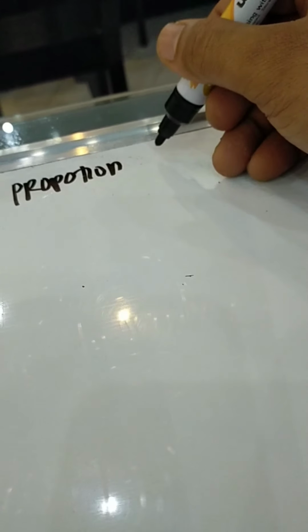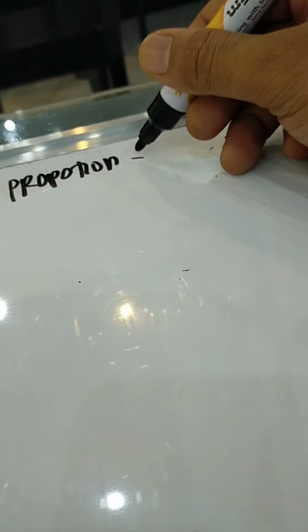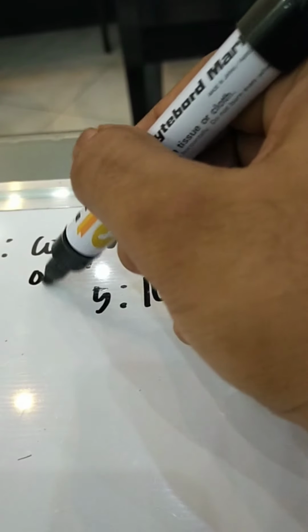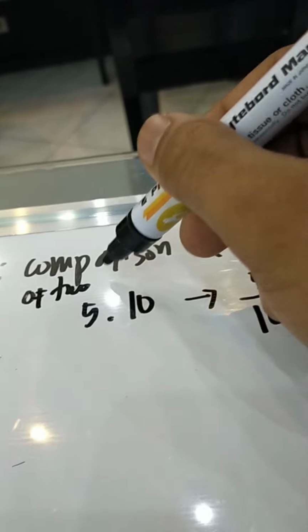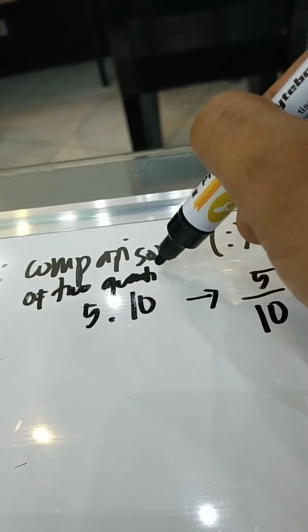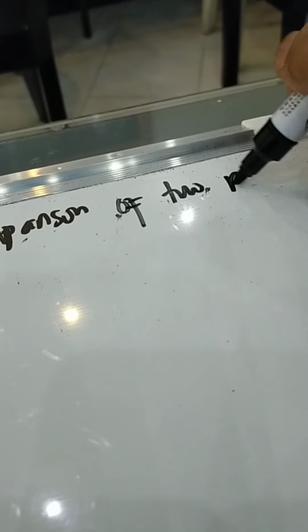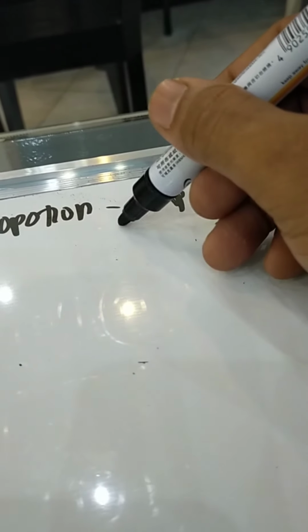So ratio is a comparison of two quantities, while proportion is a comparison of two ratios.